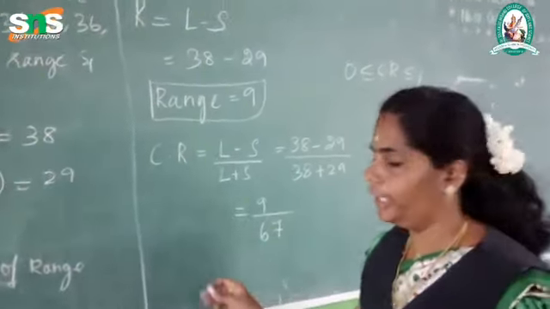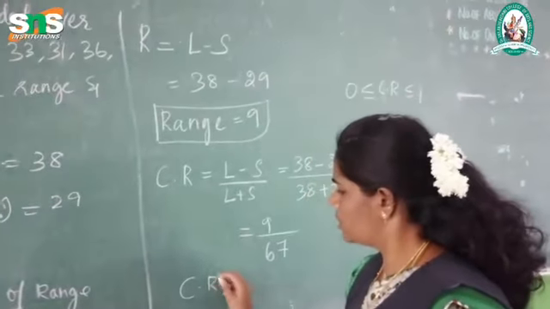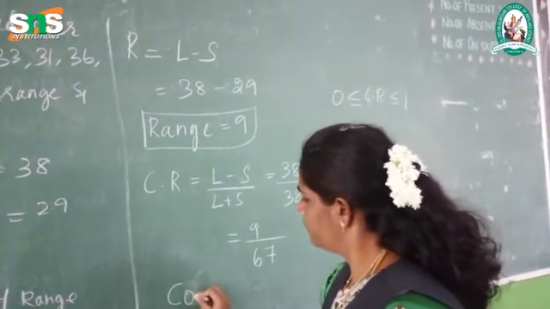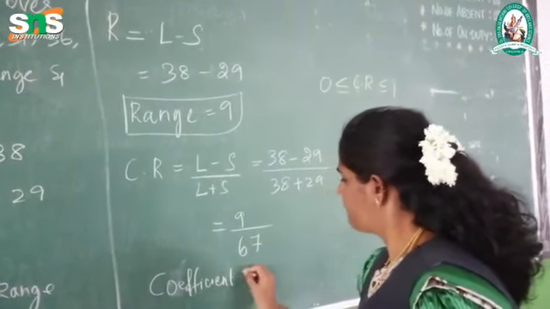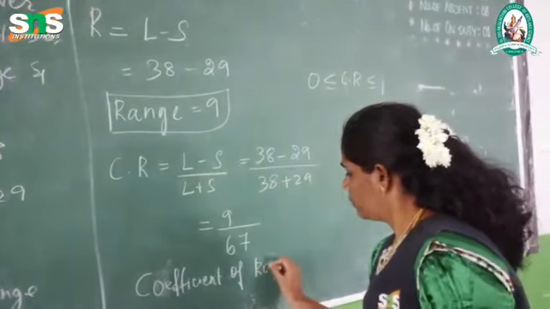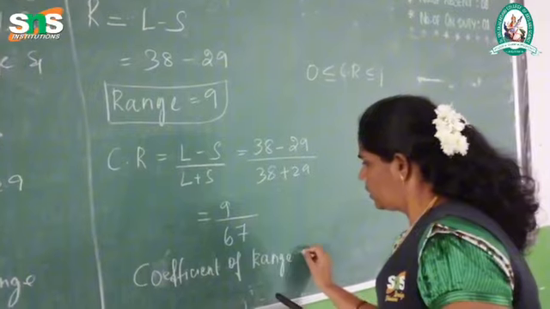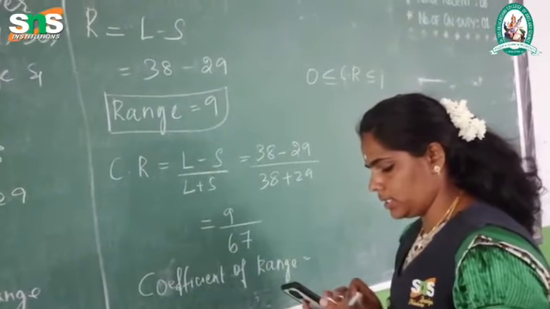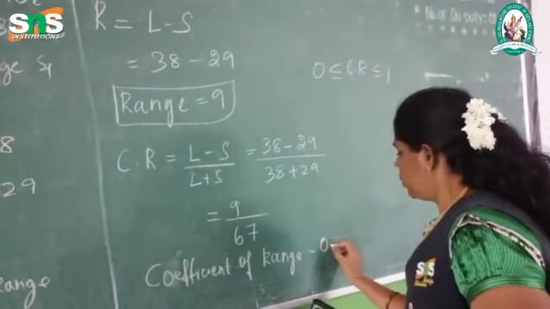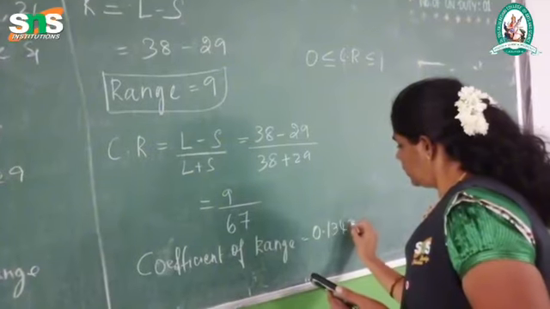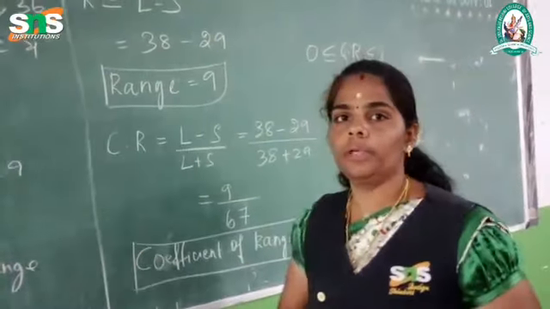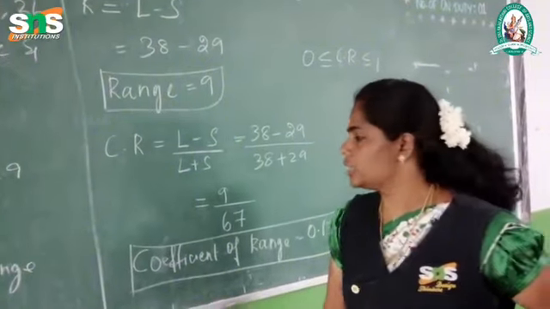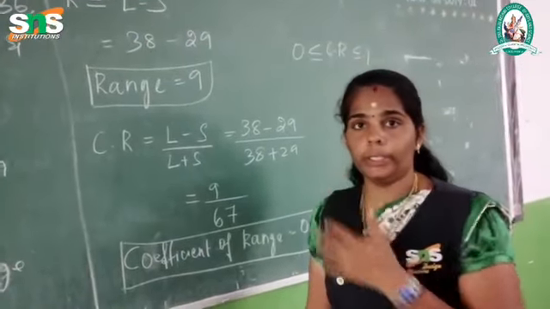If I divide it, I will get the coefficient of range equal to 9 divided by 67, which is 0.134. This is how we have to calculate the coefficient of range and the range of the given data.